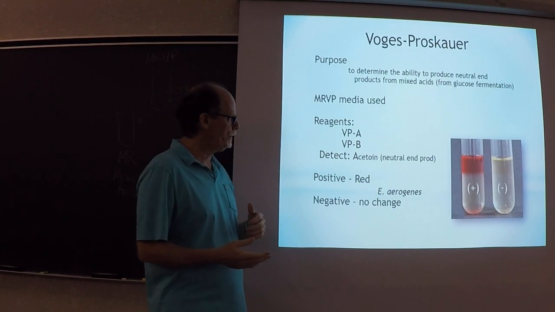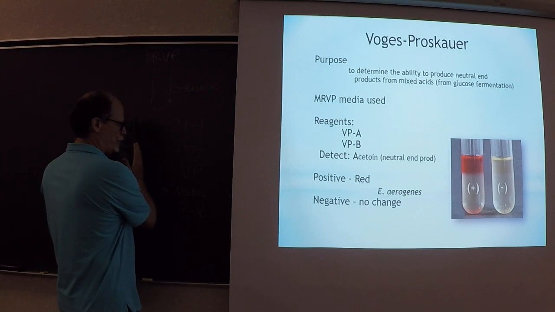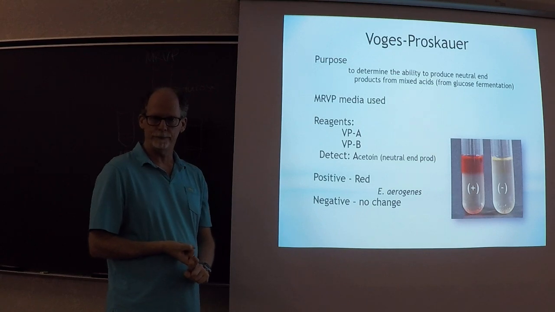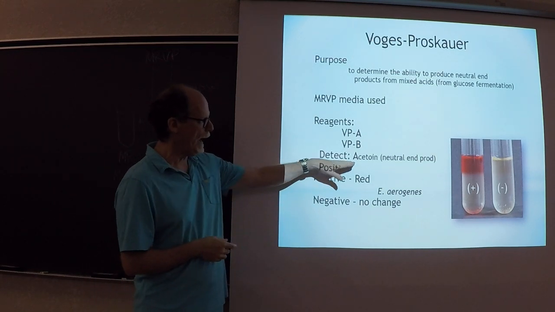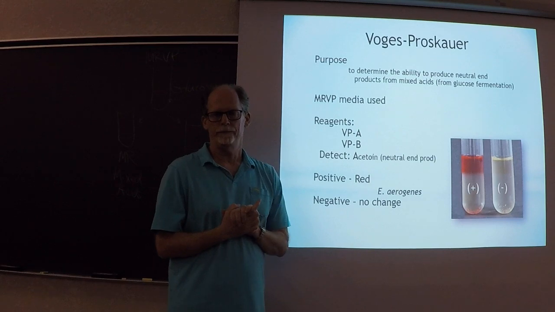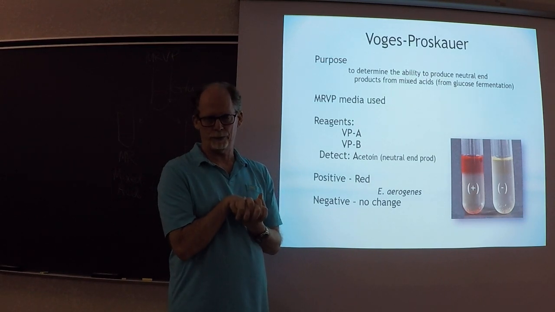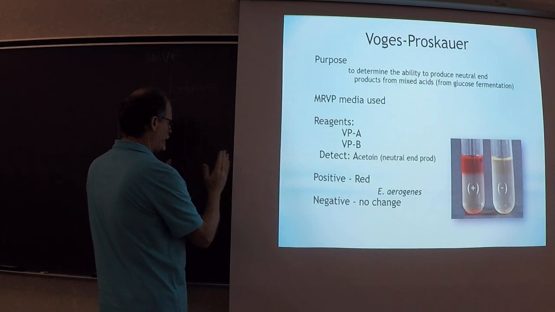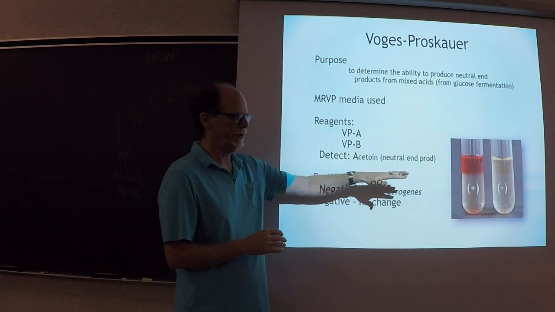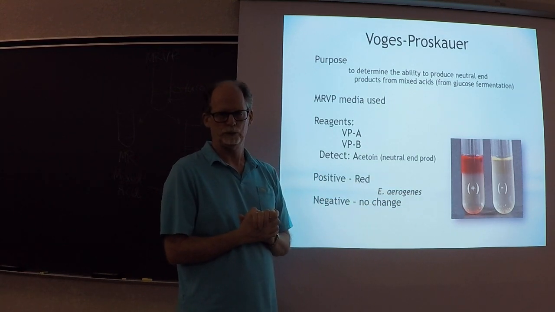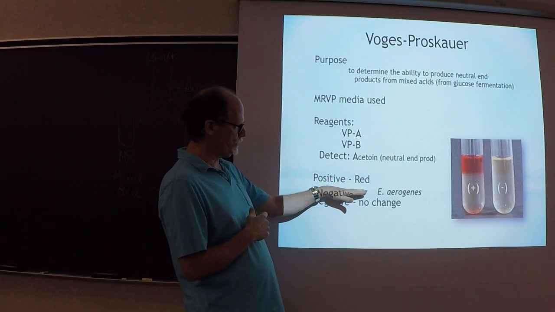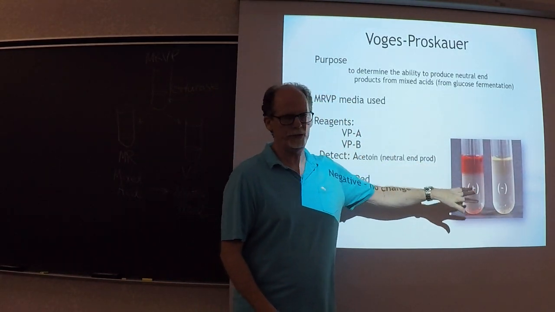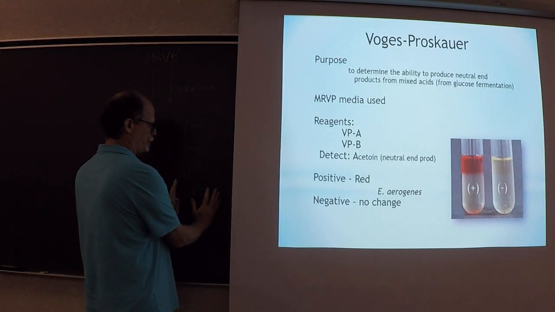They're added just like the methyl red, but you don't add them to the methyl red test, you add them to the VP test. You add VPA and VPB to detect acetoin. That's one of the neutral end products that's produced. So if that's present, then you get a red color and the VP test is positive. If it doesn't turn red after you add the VPA and VPB, then it's negative, and they didn't produce the neutral end products.